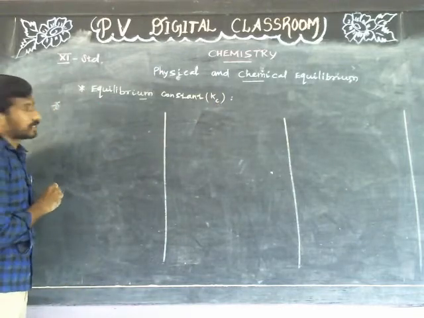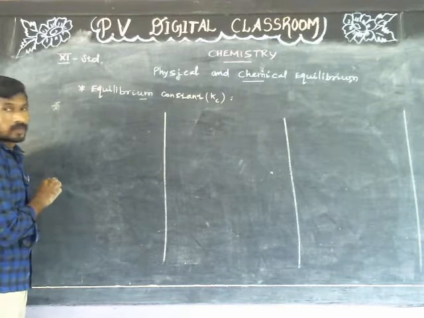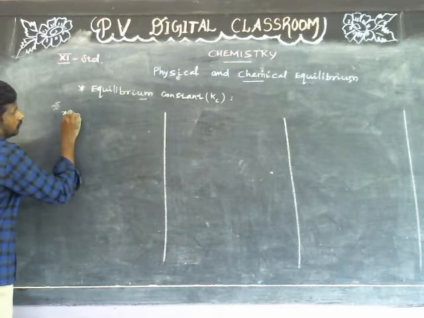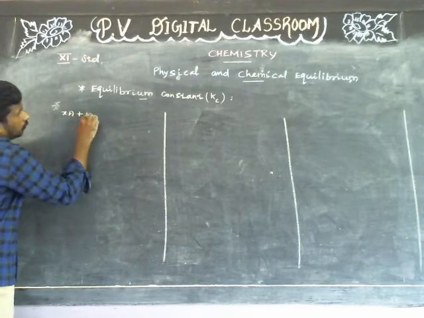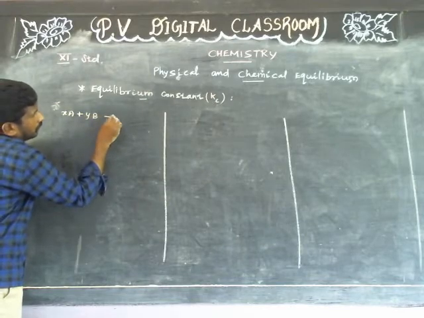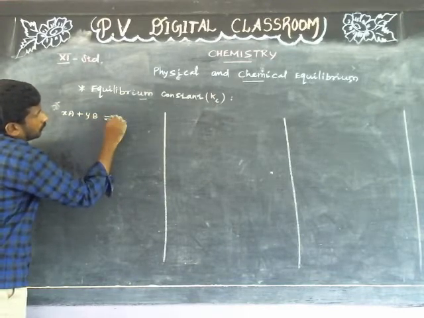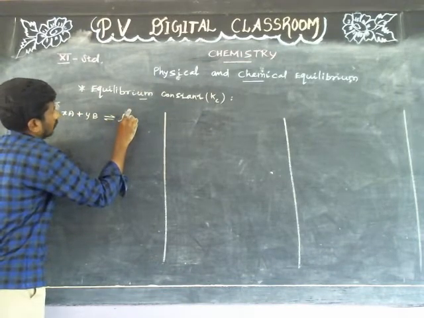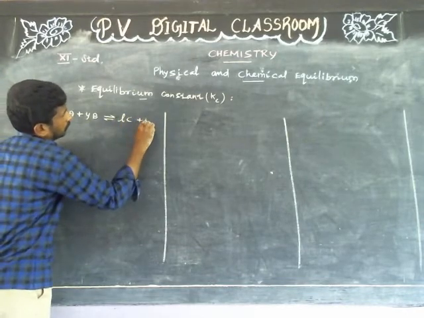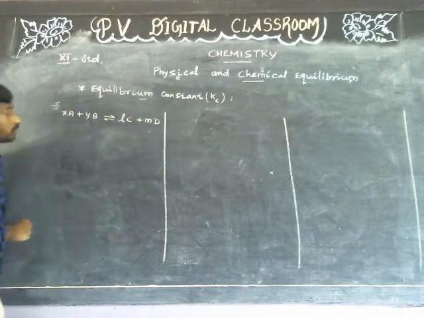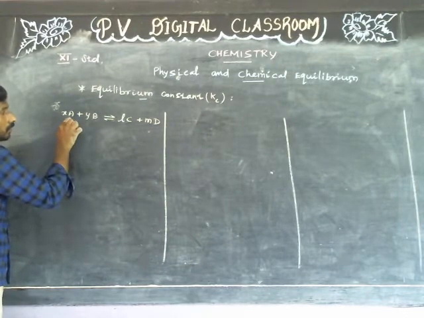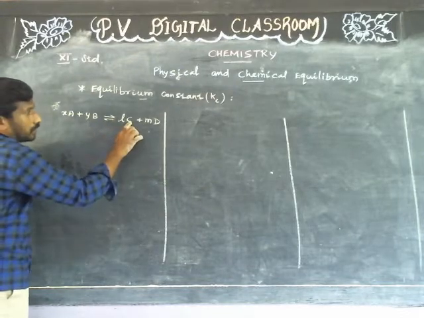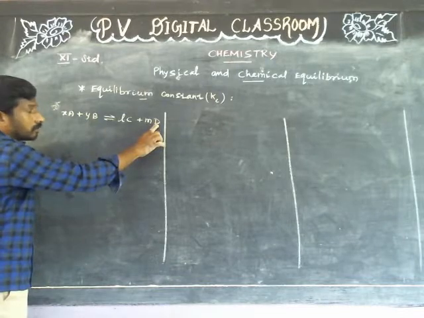Let us consider a general equilibrium reaction: xA plus yB in equilibrium with lC plus mD. Here A and B are reactants, C and D are products.